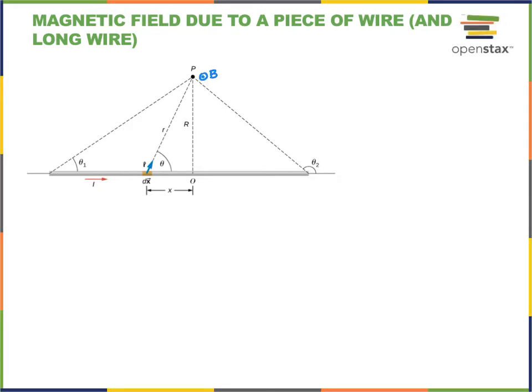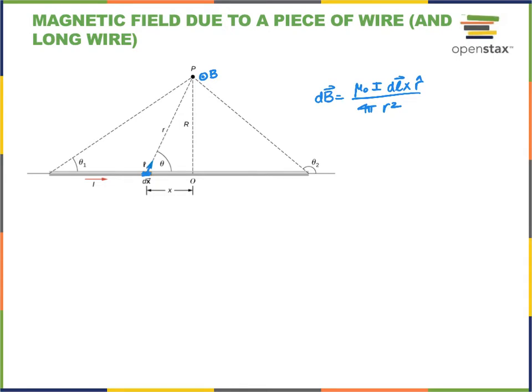And I would use this expression, at least to start off with, mu naught I dl cross r hat over 4 pi r squared. We're taking little pieces of the wire as we go along the length of it, just taking some arbitrary location right here. This is our origin.